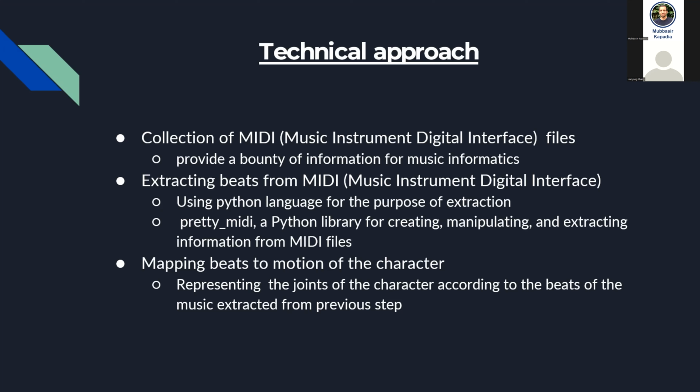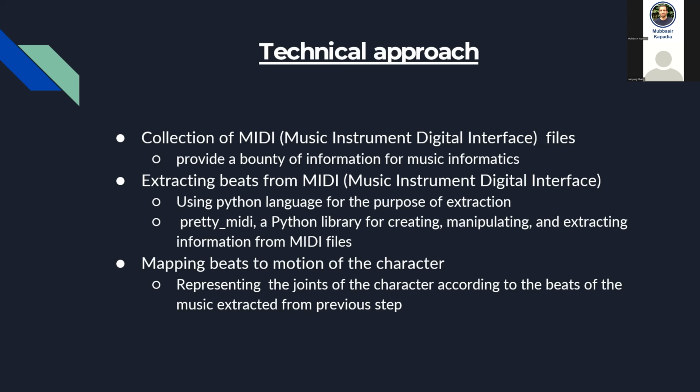Since we only need the beat information, this library is very useful. Next, after getting the beats, we map them to the motion of the character. We will represent the joints of the character according to the beats extracted in the previous step.